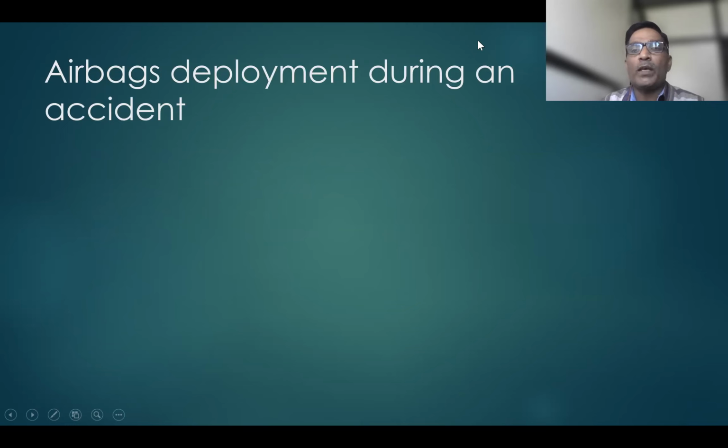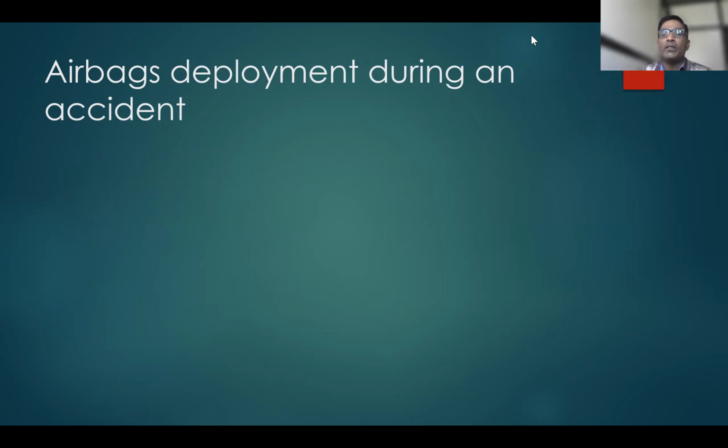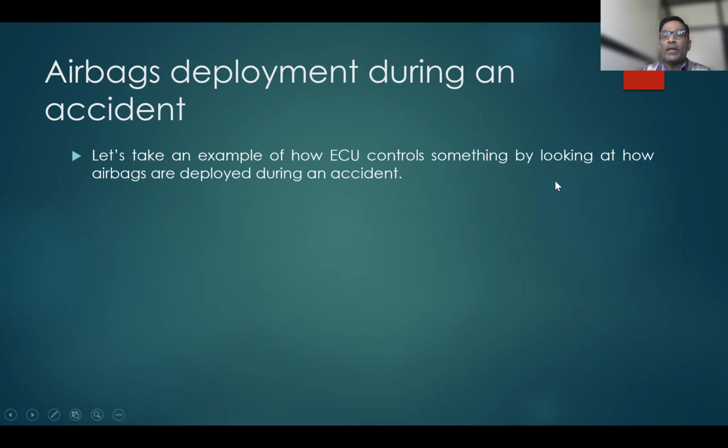You can take one example by means of which you will be able to understand how this electronic control unit works, related to the deployment of airbags during an accident. So let us take one example of how the ECU controls something by looking at how airbags are deployed during an accident.